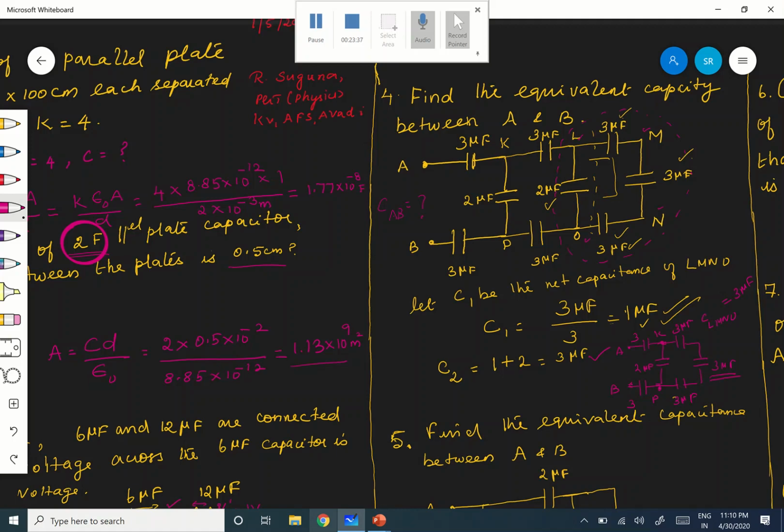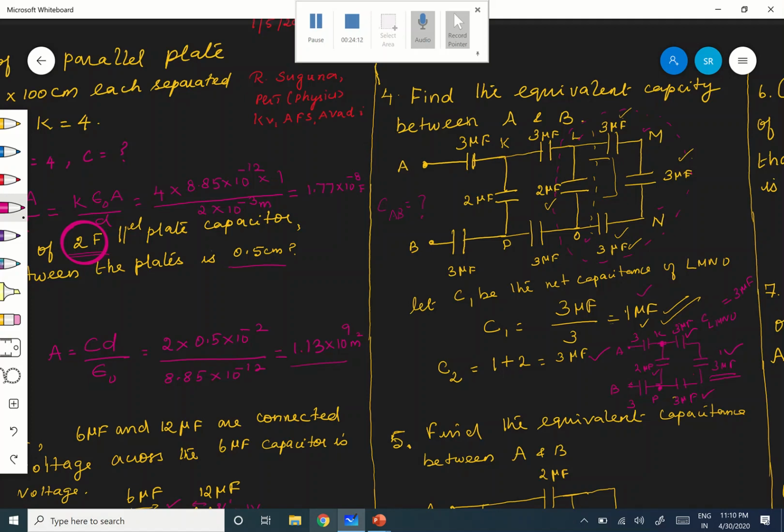Now you tell me, 3, 3, 3 in series. Once again, this 3, this 3, this 3 are in series. Therefore, what is the net of 3 by 3? That will be 1. The same thing you have done here. And that 1 is parallel to 2. Therefore, what will be your net capacitance here at this point, K and P?